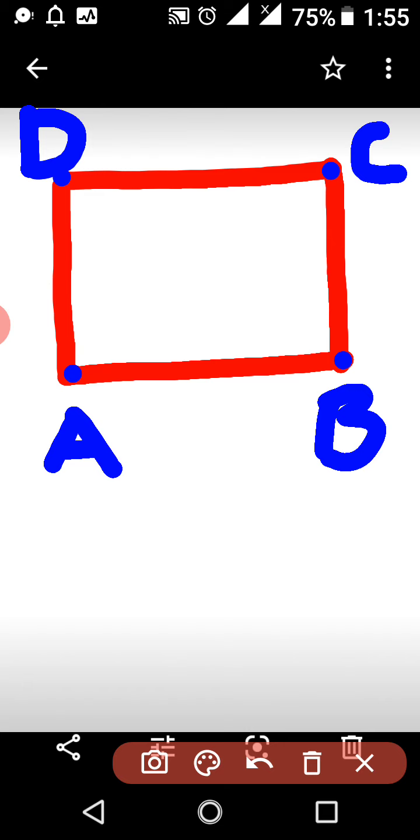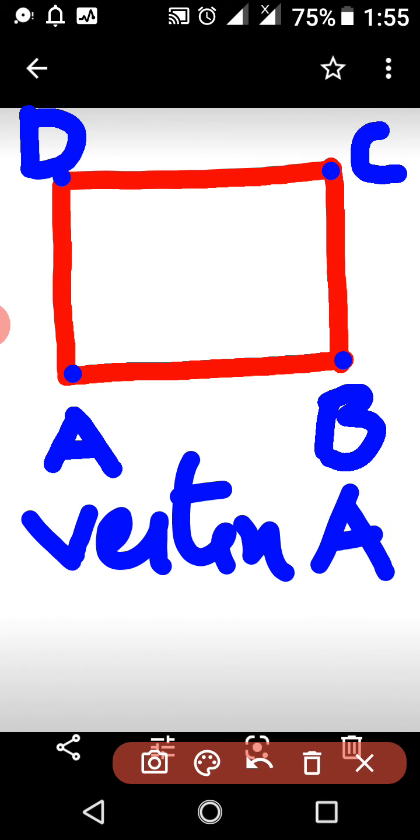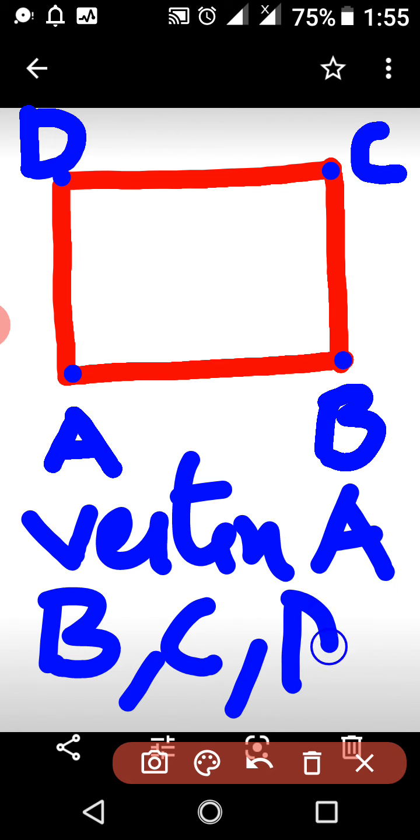Finally we have 4 vertices for the polygon. Now vertex A and vertex B, vertex C and vertex D. These 4 are the vertices for the given polygon.